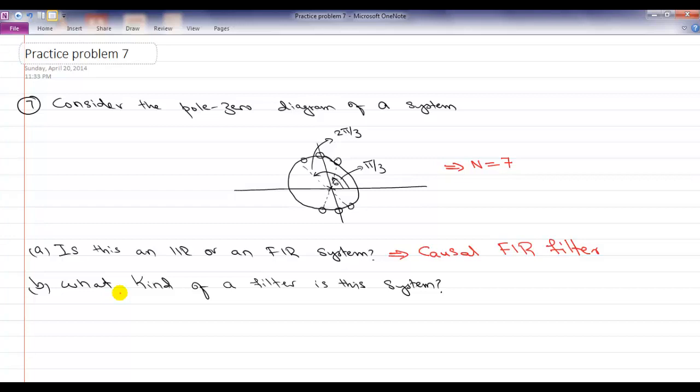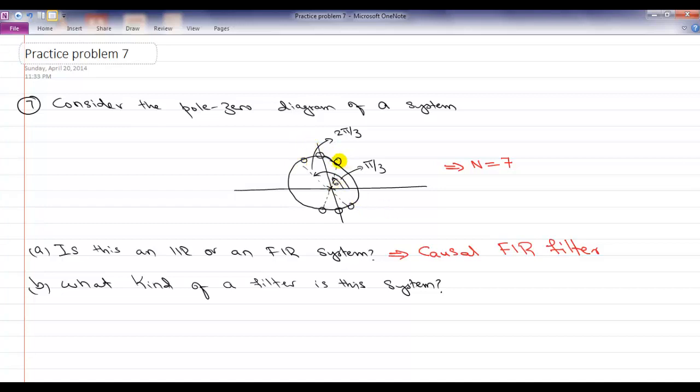You're only looking at the zeros, and the angle that the first zero makes is pi by 3. The second zero makes an angle of 2 pi by 3. And they are pretty much symmetric around the positive and negative frequencies. So what kind of a filter is this?